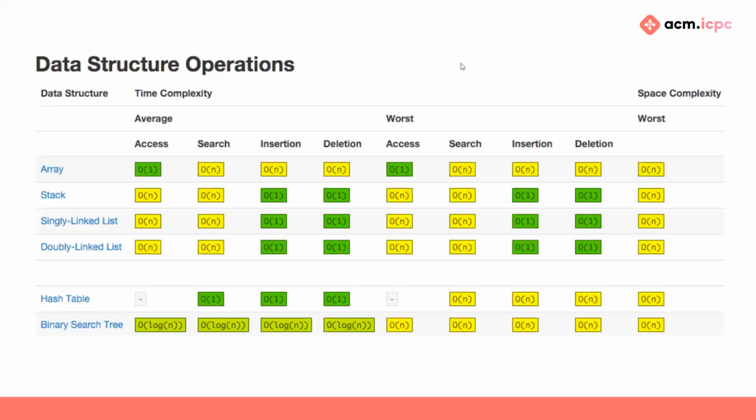Okay. So here I have a table of data structures, and don't be scared looking at this because you won't need to know this, or at least you won't need to memorize this table. You will need to know some of them, like how fast is it to access an array? How fast is it to insert or modify an array?